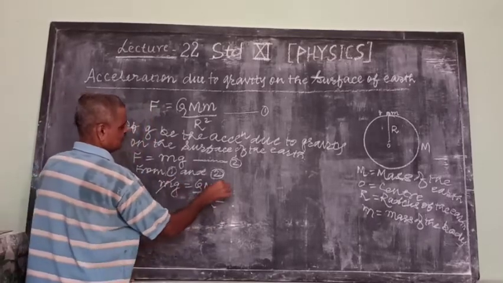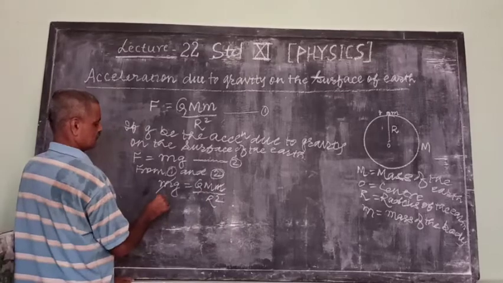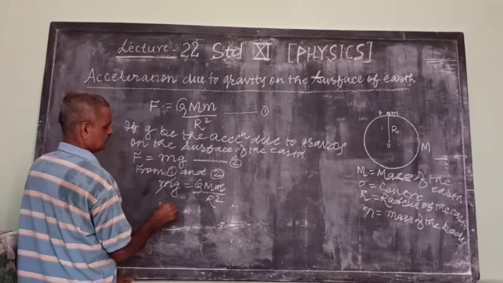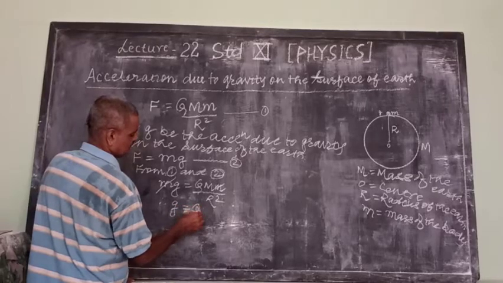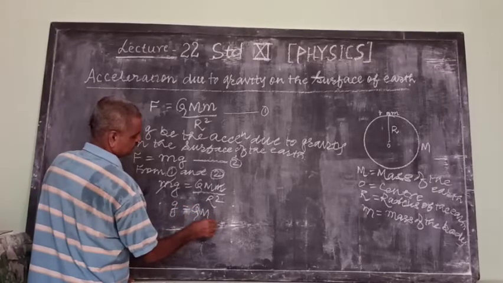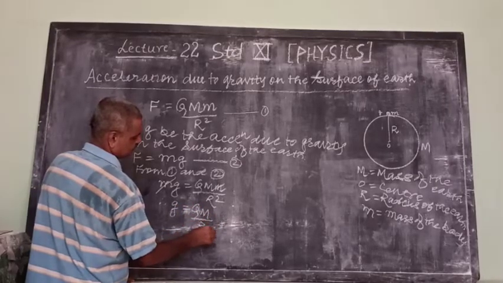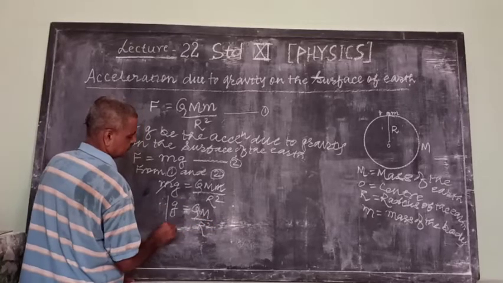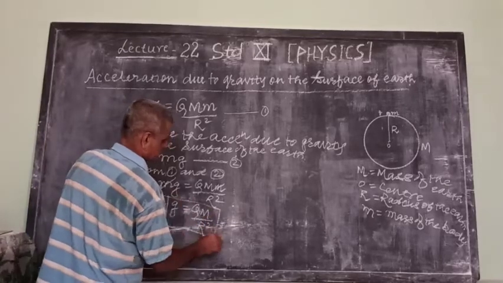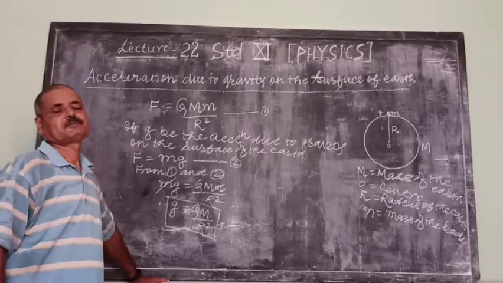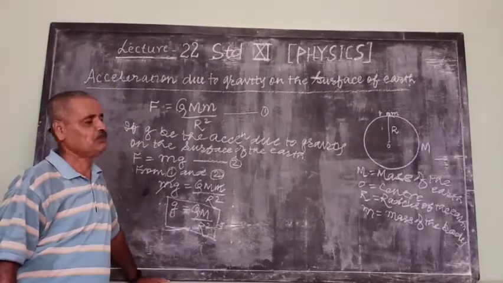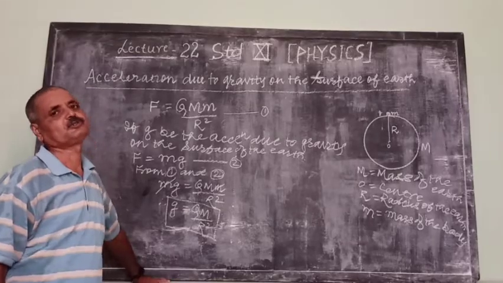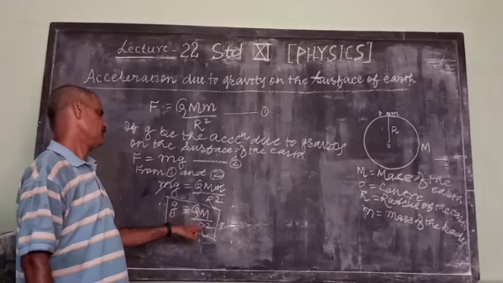This small m will cancel. Therefore, g is equal to GM by r square. This is the value of acceleration due to gravity of the body when it is situated on the surface of the Earth.